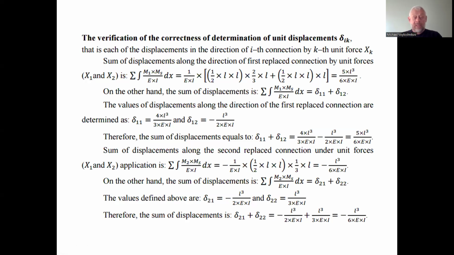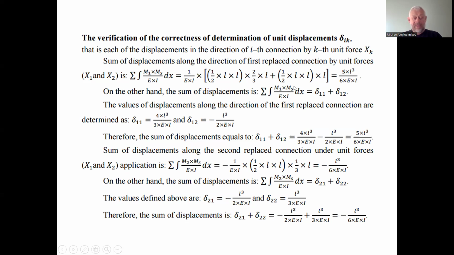So finally we have, after the substitution of all factors, in the force direction... Oh, I'm sorry. Excuse me, please. Yeah, I was a little bit mistaken. We look for the displacement in the first direction under the action of forces applied in the two directions together.